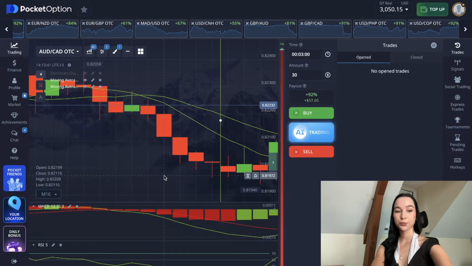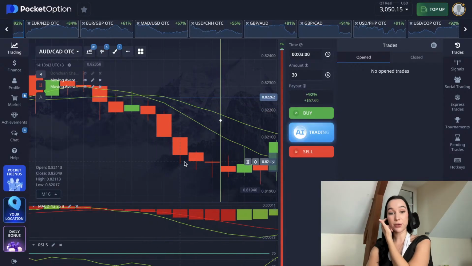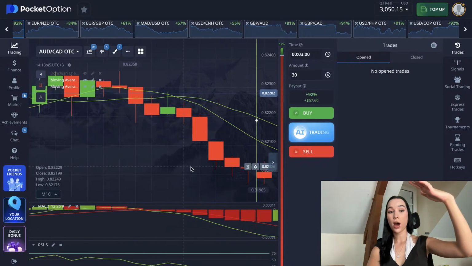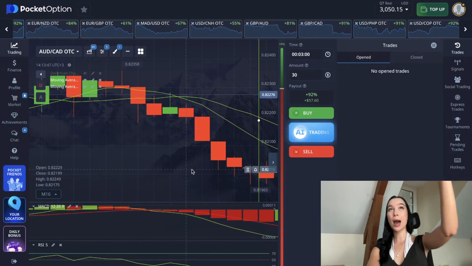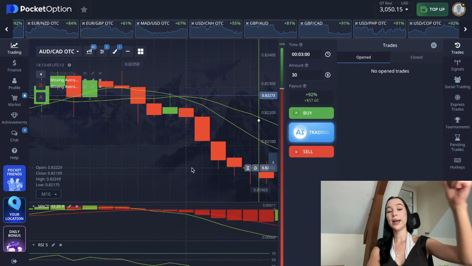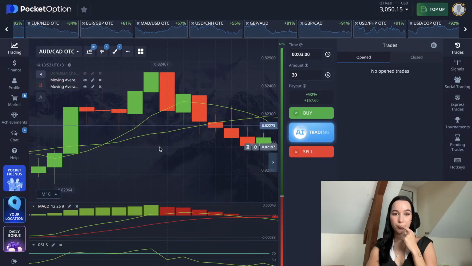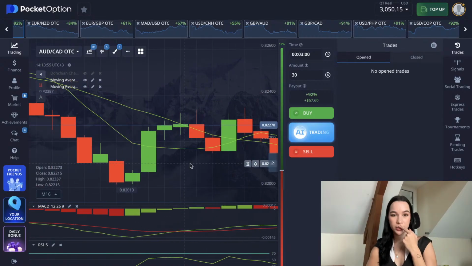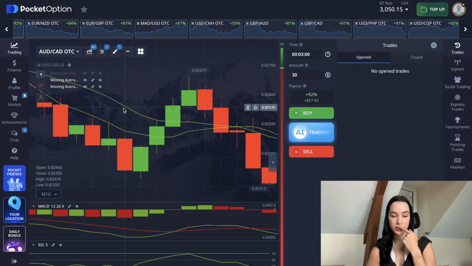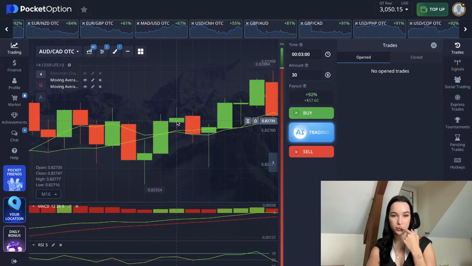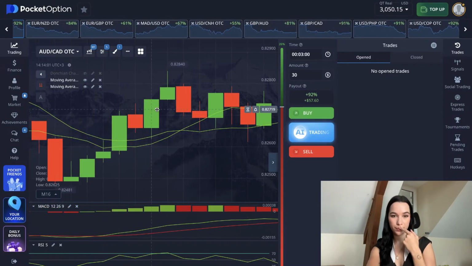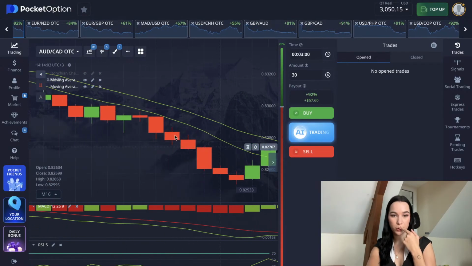And the shooting star is bearish, appears at the top of the uptrend, with a long upper wick and small body. Let's also find it somewhere here. It's not really our situation. Let me just find some candle of this kind. It's a bit more difficult here.